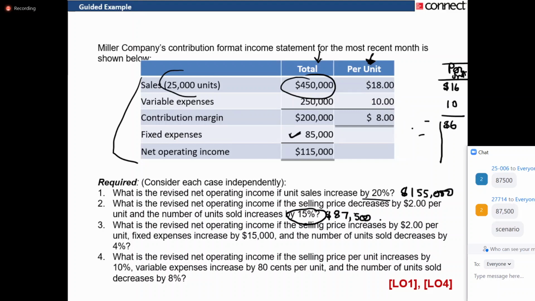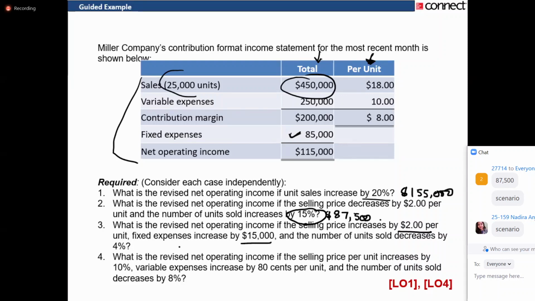Again, it is a different scenario. Okay. Now, number 3 requirement, we see that our selling price will increase by $2 per unit. Fixed expense will go up by $15,000. Number of units sold decreases by 4%.